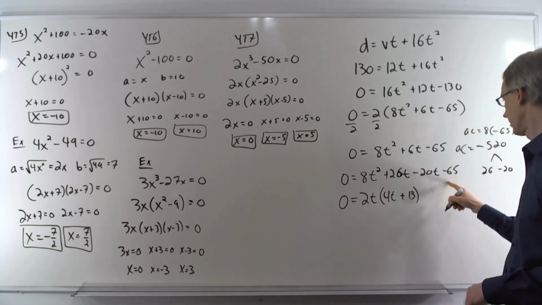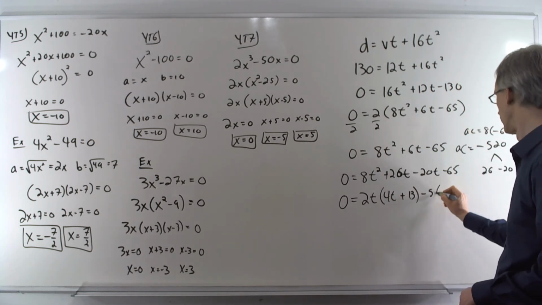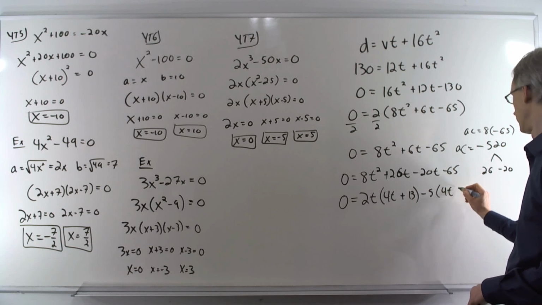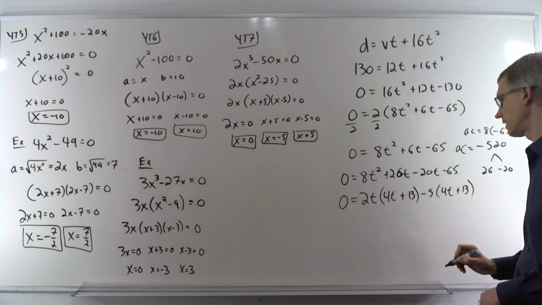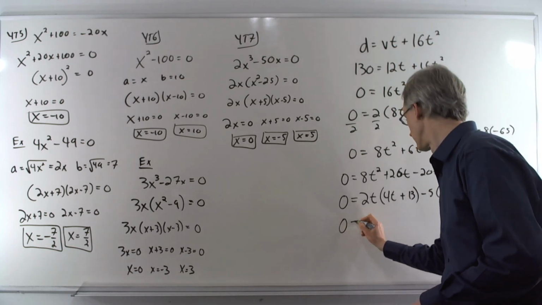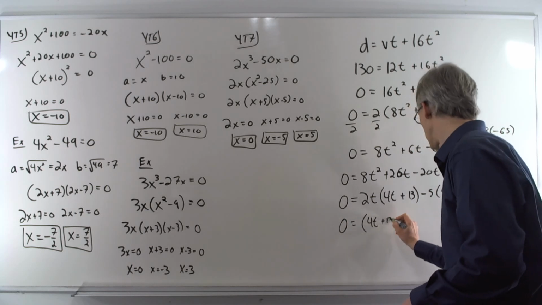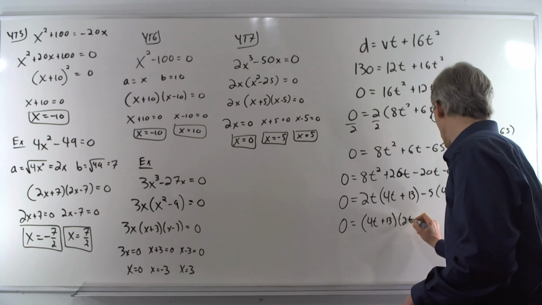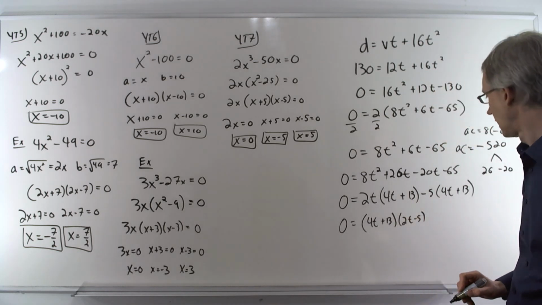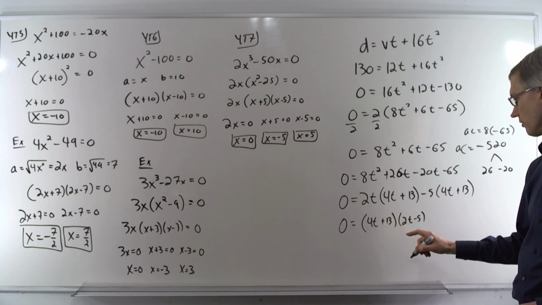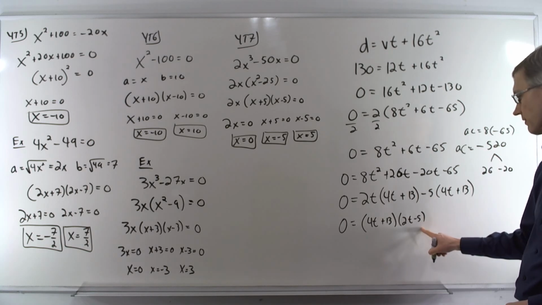And over here, we can factor out negative 5 and get 4t plus 13. And the factorization then is 4t plus 13 times 2t minus 5.